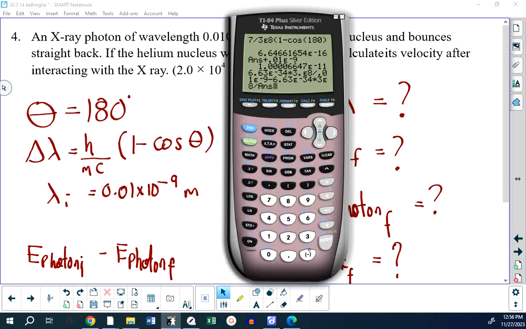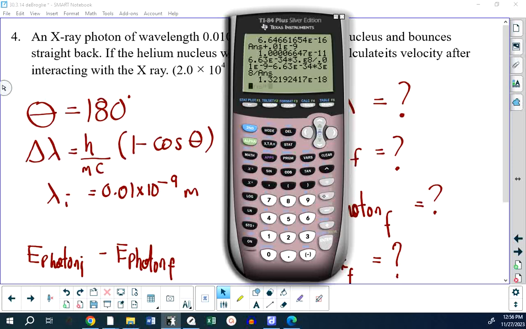So hc over lambda minus hc over lambda gives me this energy, and this is the change in energy of the photon, which is the energy of the alpha particle, of the scattered particle. So now we set that equal to a half mv squared, and finding v from the energy is, one of these semesters I'll keep track, but we've got to be in the hundreds, 100 times we've done it so far, somewhere along the way.